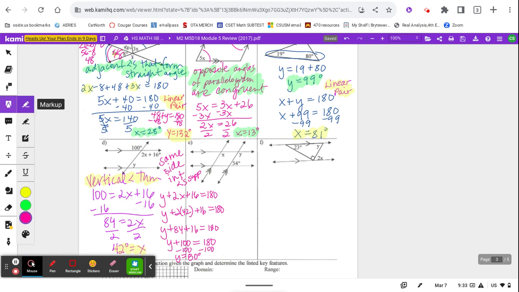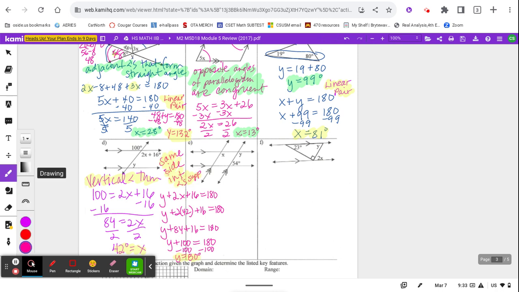So this one I'm going to highlight a different color. And my reason for this one was same side interior angles are supplementary. This next one I can say that y plus 54 equals 180. And then just minus 54 to both sides.